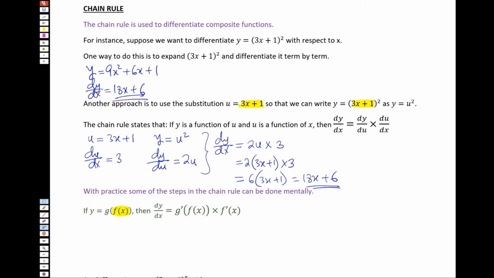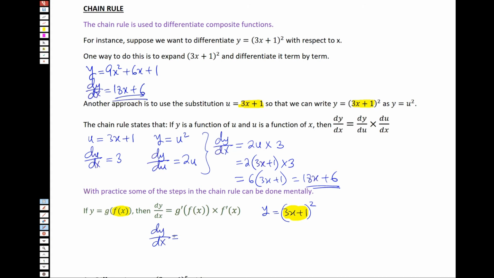I know that sounds confusing, but basically this is what it means here. Now, if you look at what we had originally, y is equal to (3x plus 1) squared. Now, the inside function here is 3x plus 1. So basically, if you want to find dy over dx, in this case, we differentiate the outside.